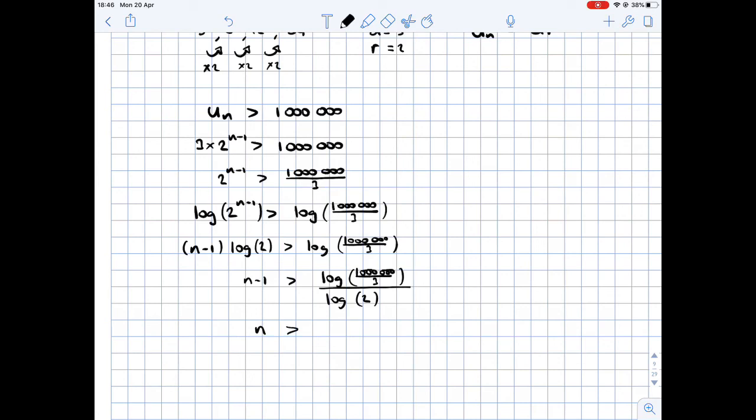Now actually this comes out to be 18.35 approximately, plus our 1 means n is bigger than 19.35 approximately, which gives us, because n has to be a whole number because it is a term of the sequence, so therefore n is equal to 20. So after 20 terms, it exceeds 1 million. And you could fill this back into the original formula to check.